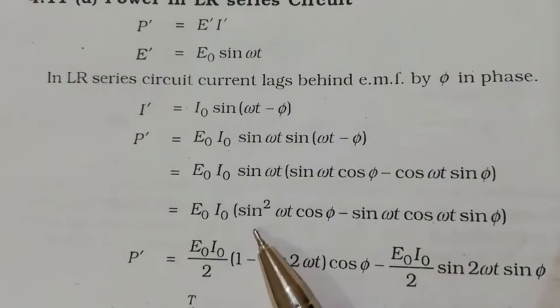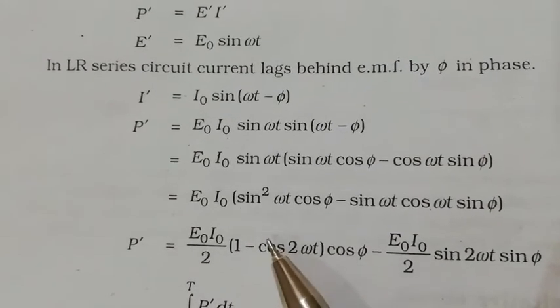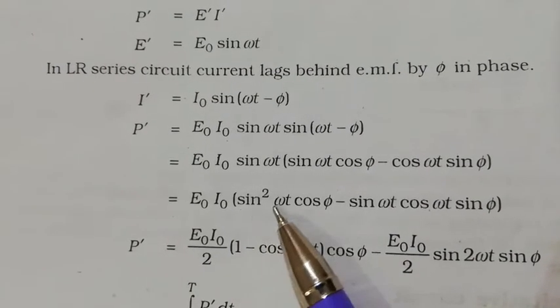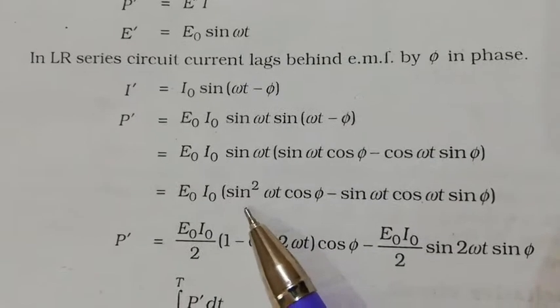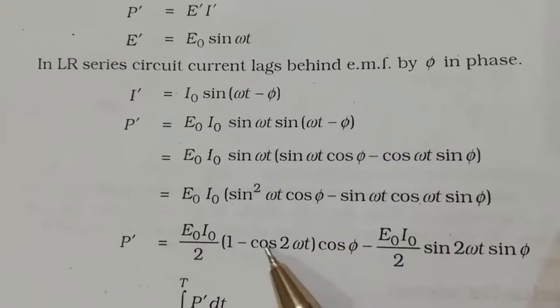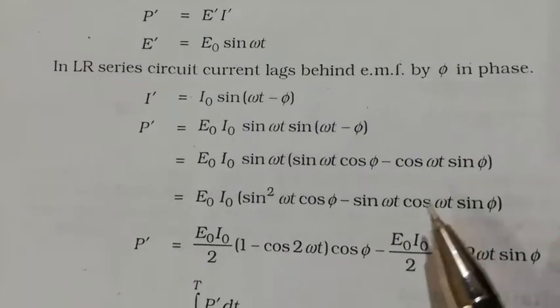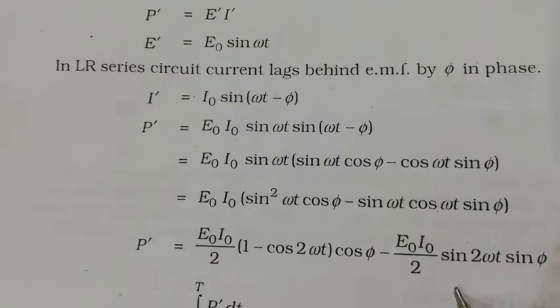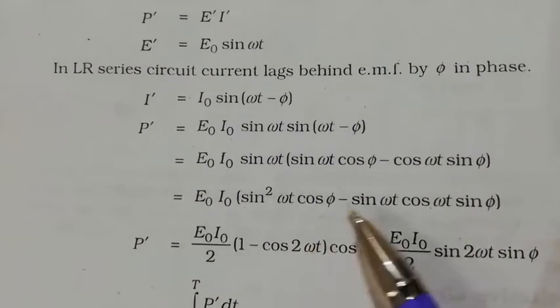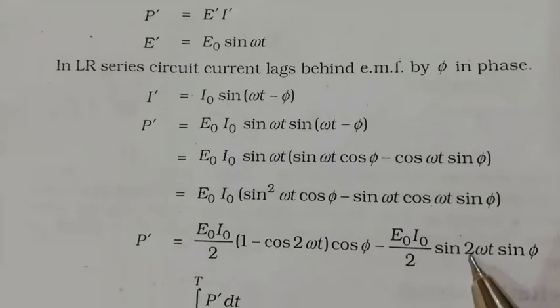That is, here we can substitute, as we have to apply this for an integral, we have to substitute into the first order term. So, sin square theta is equal to 1 minus cos 2 theta by 2, and also sin omega t cos omega t is equal to sin 2 omega t by 2. We have substituted these two in these corresponding terms.